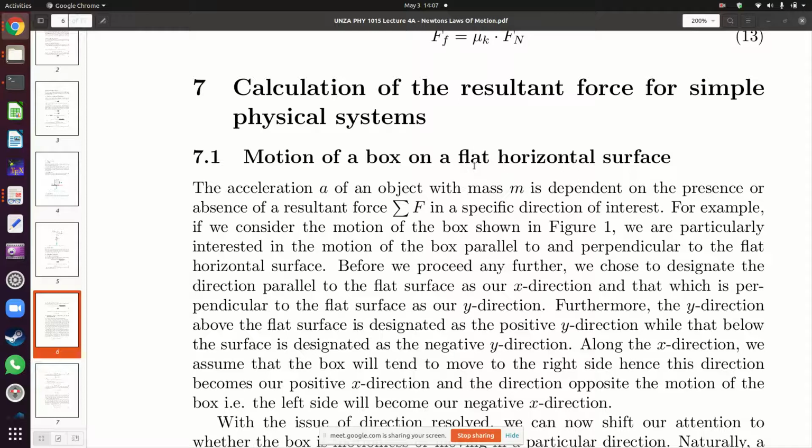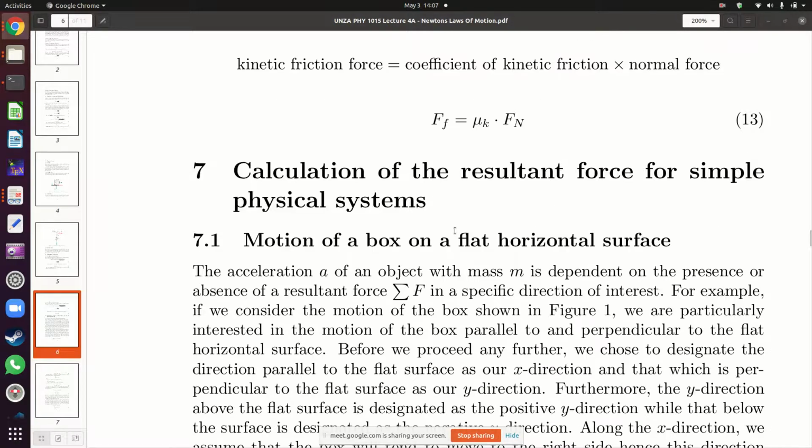So the acceleration depends on the resultant force, whether the resultant force is there or not. And we are interested in finding out about the resultant force along the x direction and along the y direction.